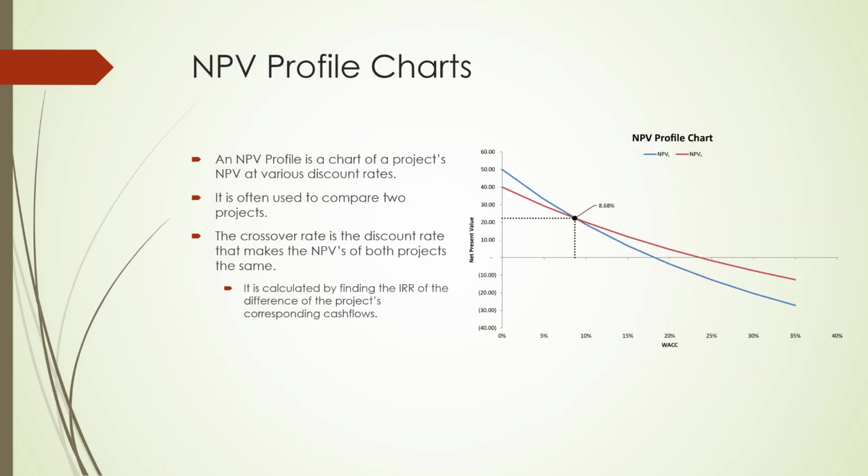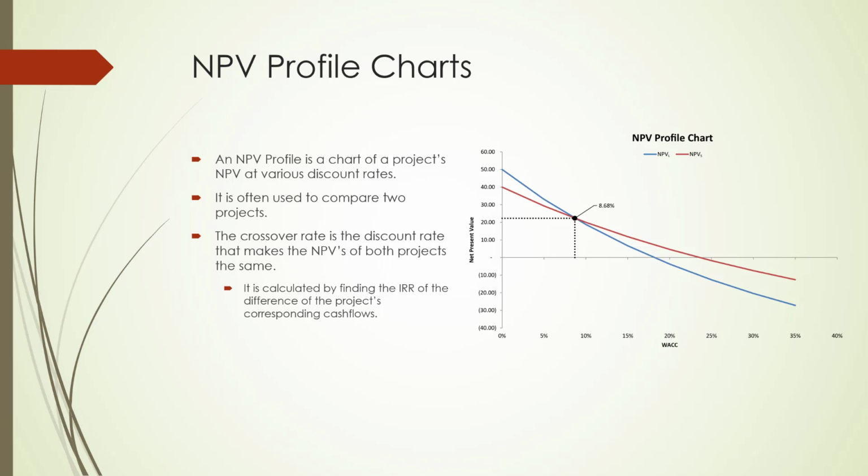Now, sometimes it's useful to look at how the NPV changes if your weighted average cost of capital changes. One reason for this is because there's often some uncertainty about what the weighted average cost of capital is. Usually not a huge amount of uncertainty, so you might know, oh, it's somewhere around 10%, but it's probably not 25% or 30% or something like that.